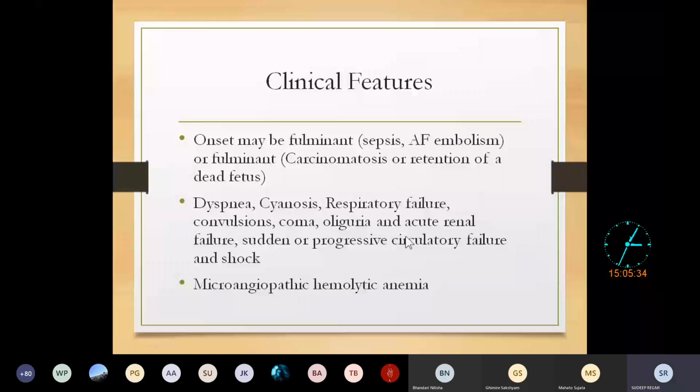If there is kidney involvement, then there will be oliguria and acute renal failure. If there is lung involvement, then there will be respiratory failure leading to cyanosis and dyspnea. And if the CNS is involved, then there will be convulsions leading to coma, and there can be progressive circulatory failure and shock, and there can be microangiopathic hemolytic anemia.